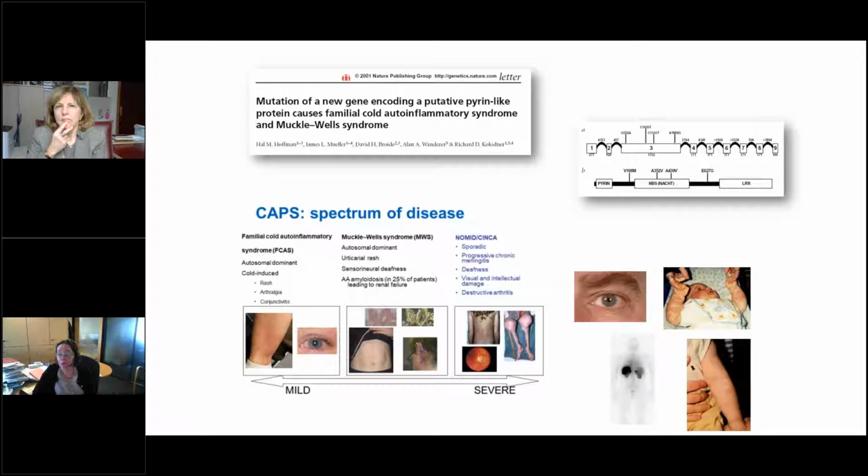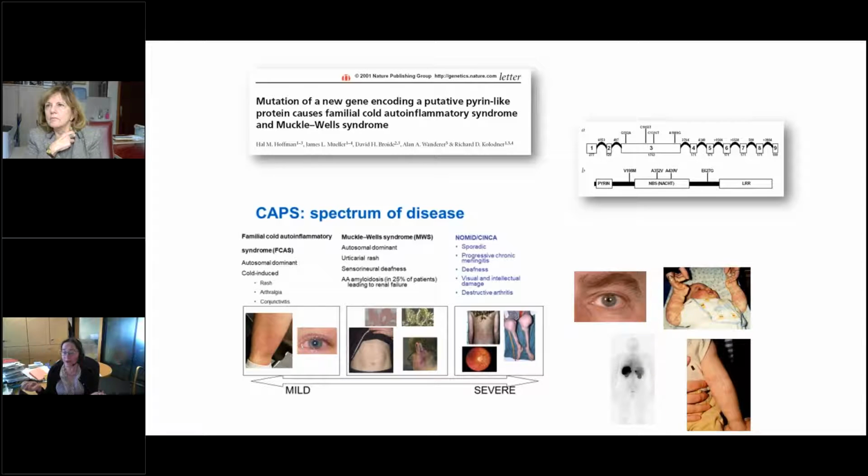The disease has actually been recognized since the 1940s, causing familial cold urticaria in the United States, and the severe end of this disease was recognized by Anne-Marie Prieur as CINCA, and what is called NOMID in the States from the 1980s. And it was the finding of the gene that meant this was recognized as being a single disease severity spectrum.